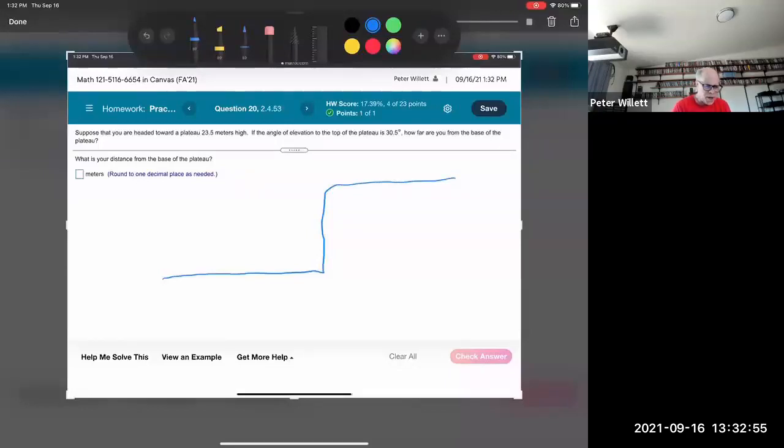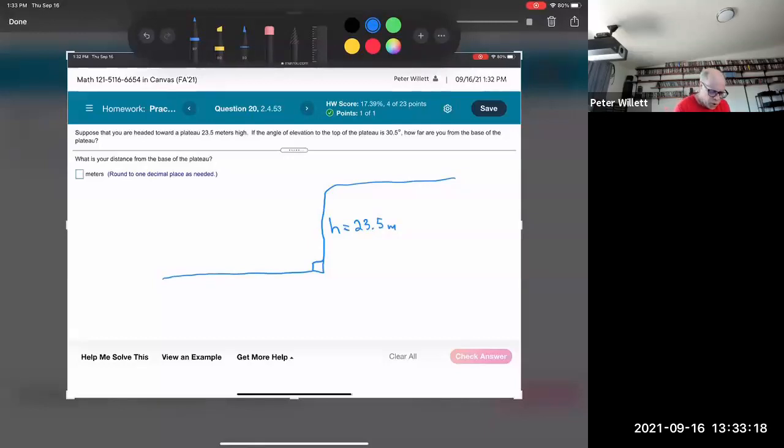And it says we're headed toward a plateau that's 23.5 meters high. So that means this height here is 23.5 meters. And we've got a right angle here. Then it says the angle of elevation to the top of the plateau is 30.5 degrees.